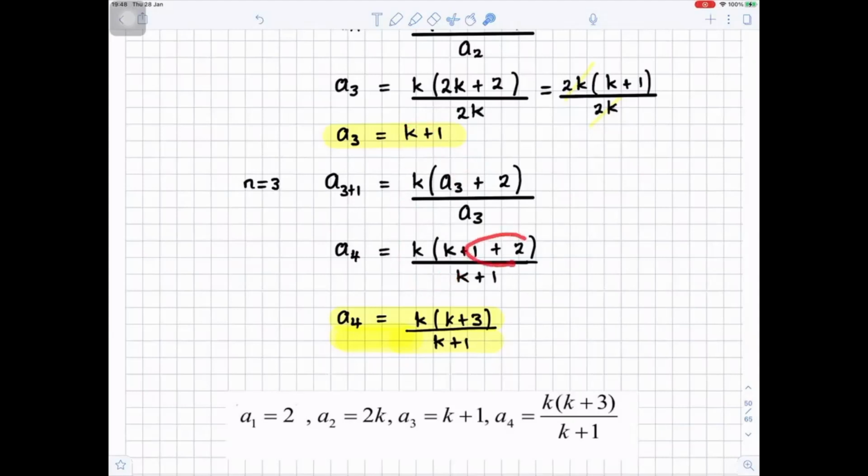So 1 plus 2, it gives you 3. So your answer is k bracket (k plus 3) over (k plus 1). And that is a4. So the four terms are a1 is 2, a2 is 2k, a3 is k plus 1, a4 is k bracket (k plus 3) over (k plus 1).